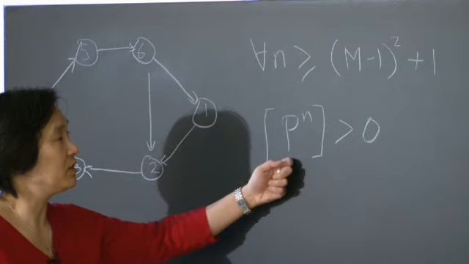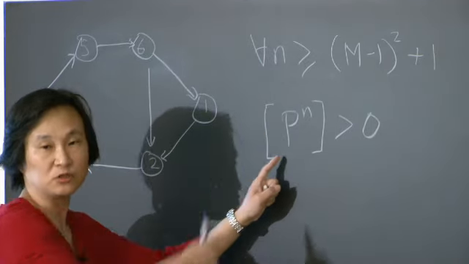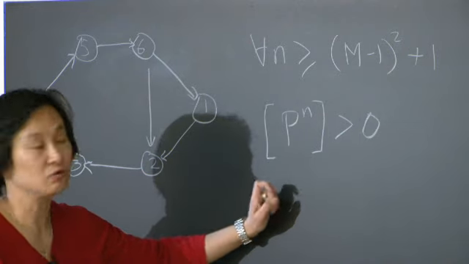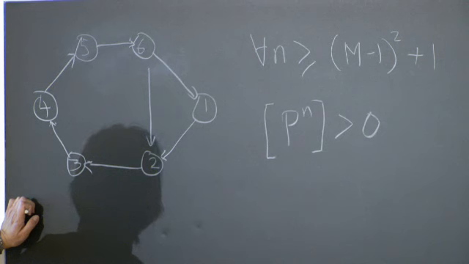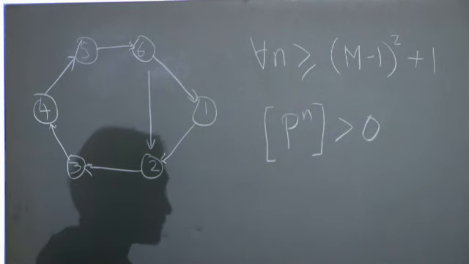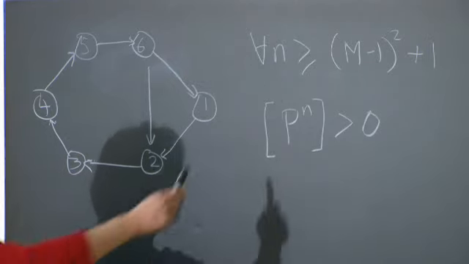That means every single element in this transition matrix is non-zero, which means you can go from any state to any state with non-zero probability, as long as n is bigger than that.